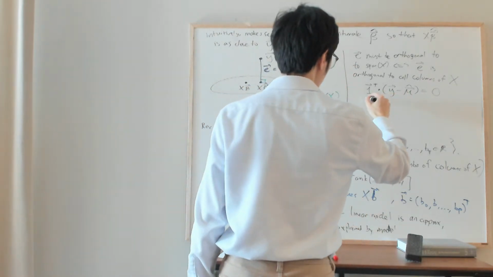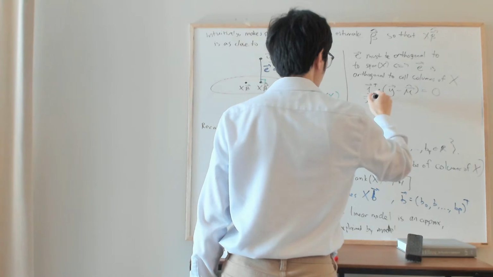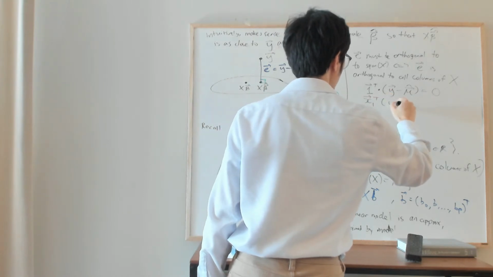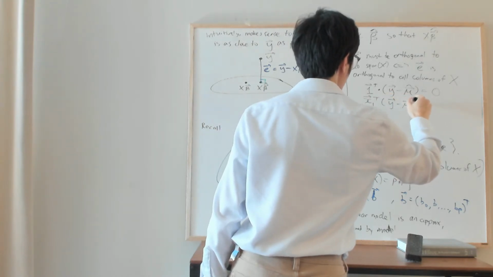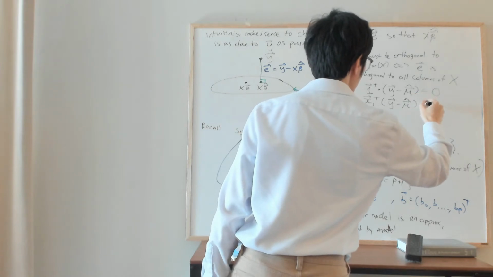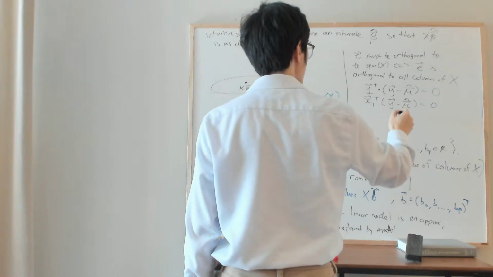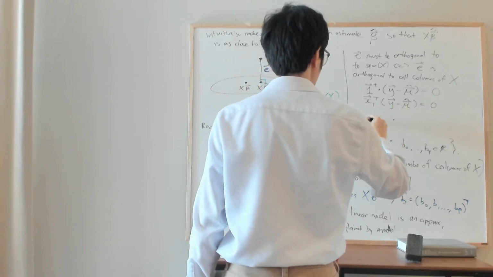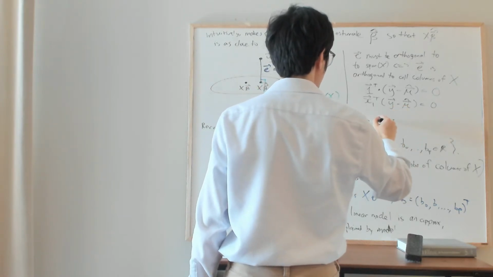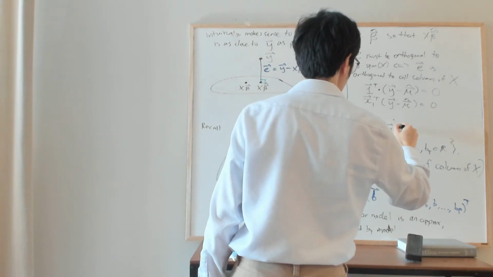And in the next column you have X1 transpose times (Y minus X beta hat), and that's going to be true for all of the predictors.